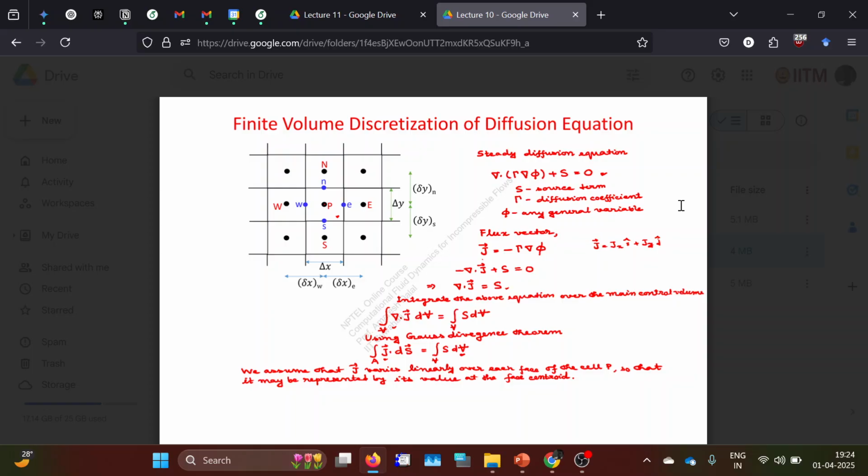The main logic there is that given a certain control volume or a certain field, if it's divergence-free, that means around one point, if I draw a control volume, then whatever comes in goes out. There is no difference between the two. Nothing gets stored or depleted.